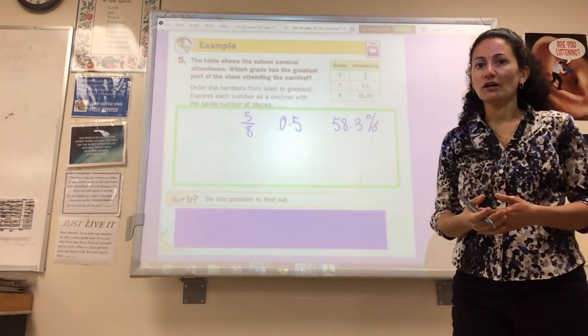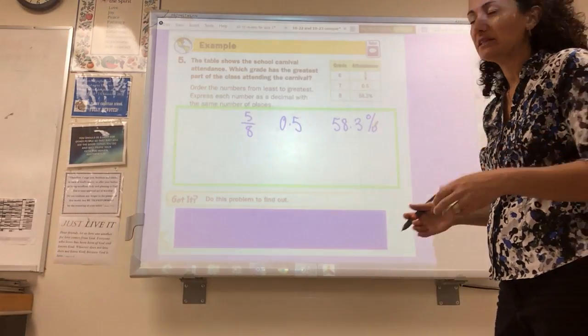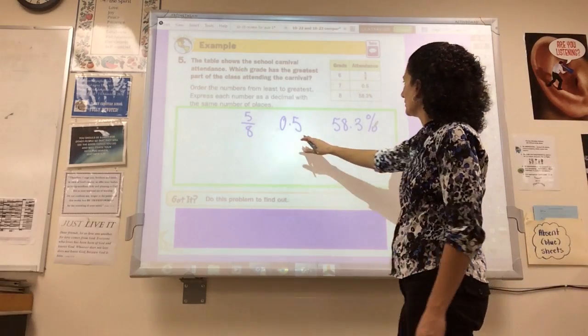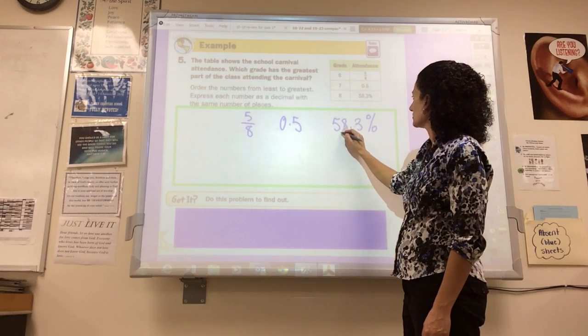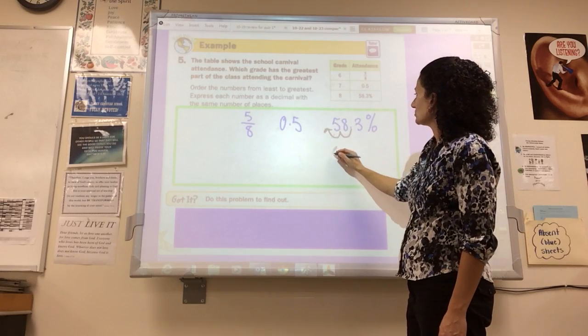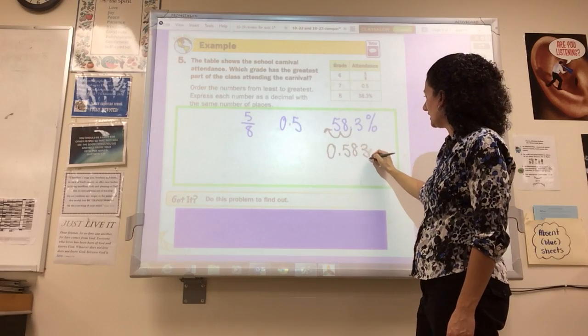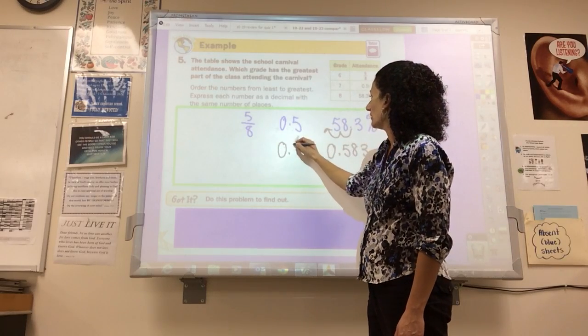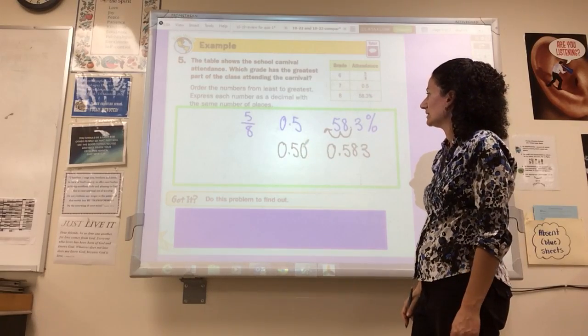Remember the strategy we're talking about here is changing them all to decimals, so then we can compare the decimal form. This is already a decimal. This is a pretty easy one to change to a decimal. That would be moving the decimal back 2 times, so that's 0.583, and this obviously is 0.5 or 0.50 or 0.500.